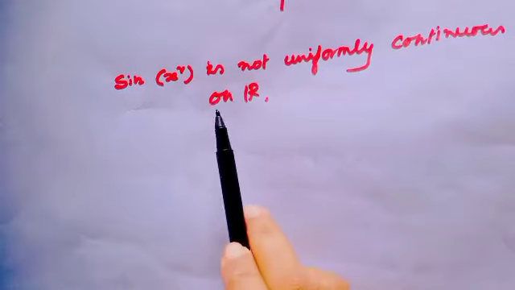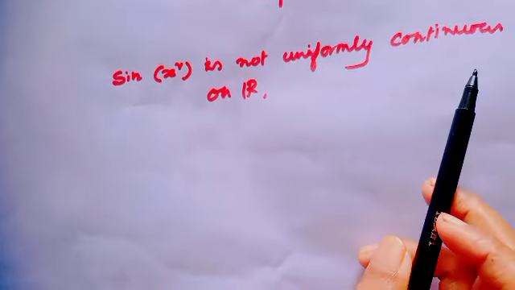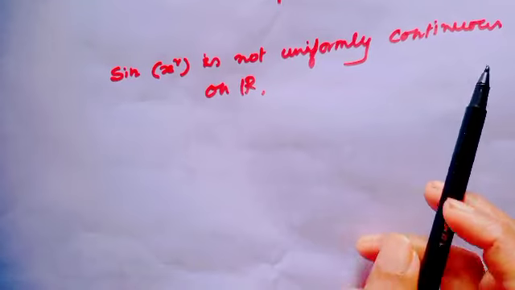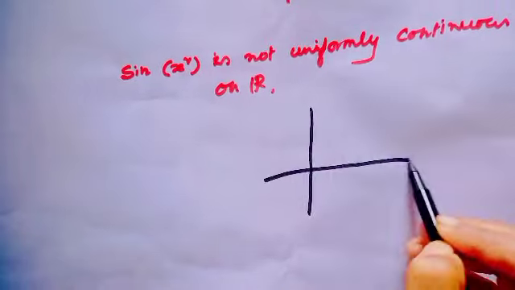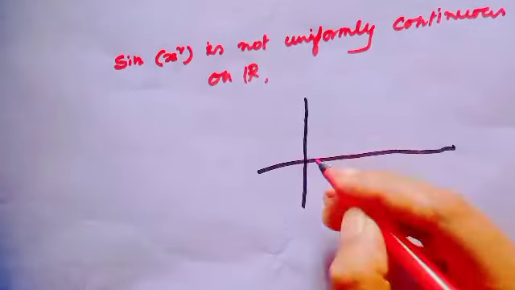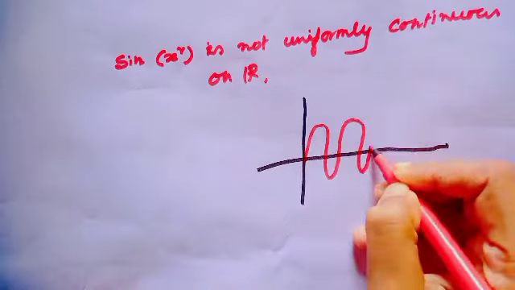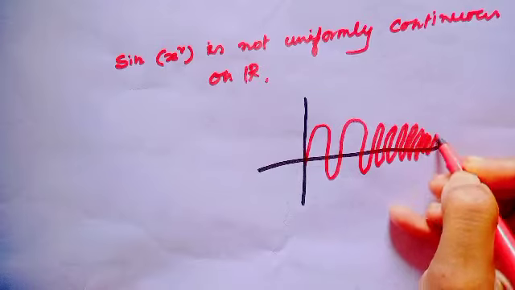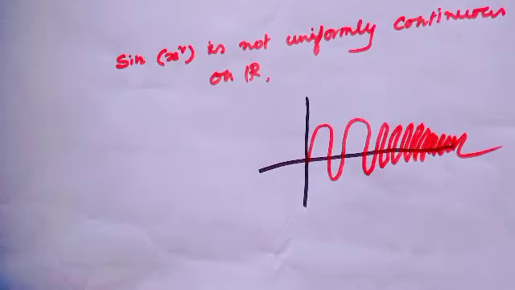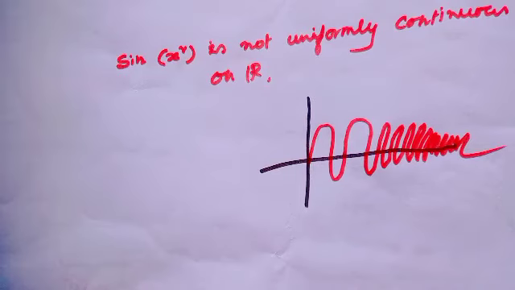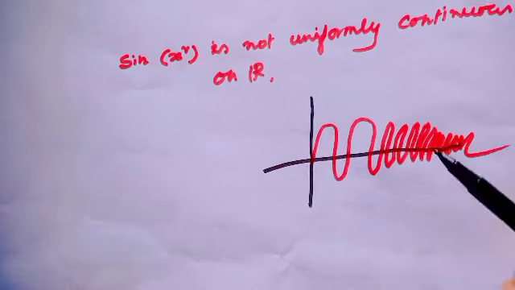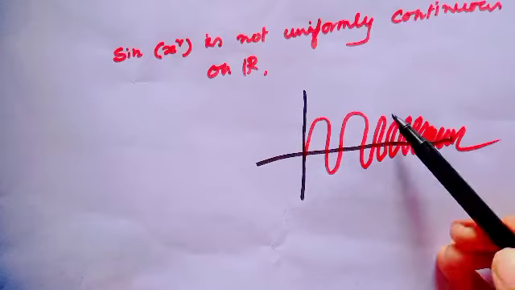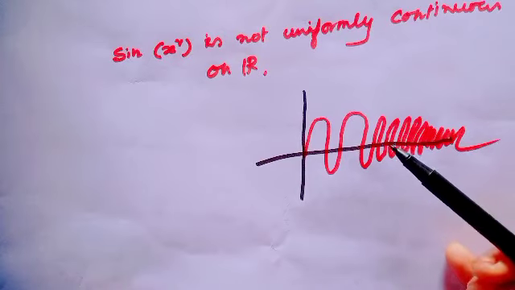Now I will prove the function sin x square is not uniformly continuous on the whole real line. We all know the graph of sin x square, and as it approaches infinity, the oscillation becomes faster and faster. This is the graph of sin x square. Here the value oscillates between +1 and -1.